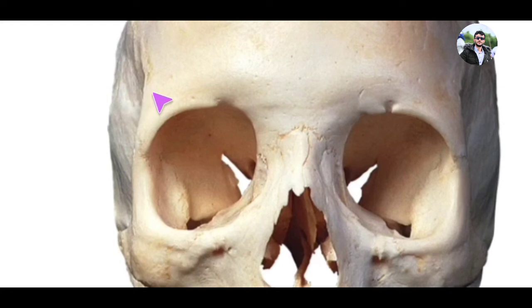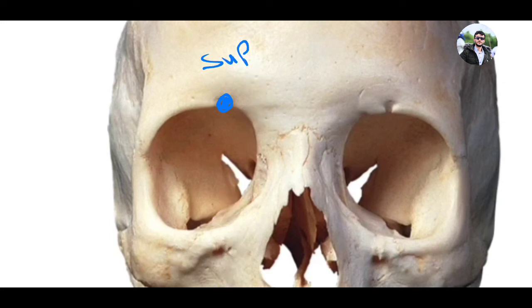If you focus here on the supra-orbital margin, there is a notch, and some books call it a foramen. This notch is called the supra-orbital notch. Why do we call it supra?